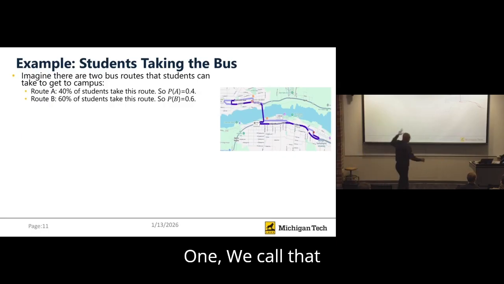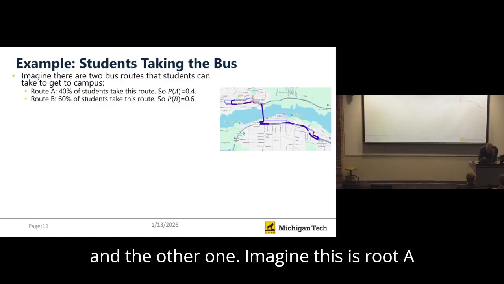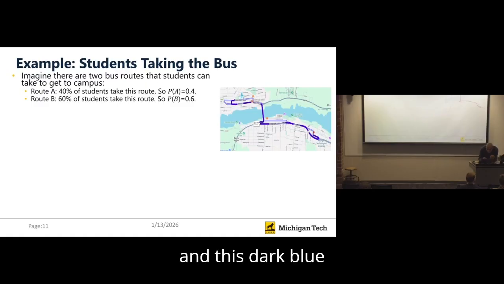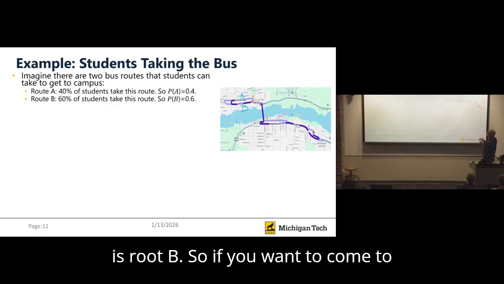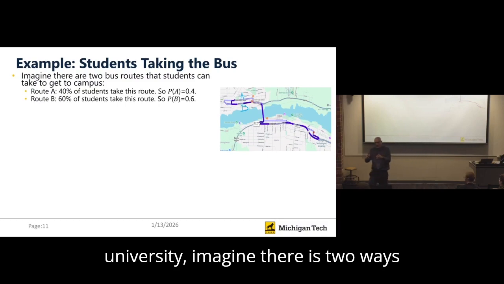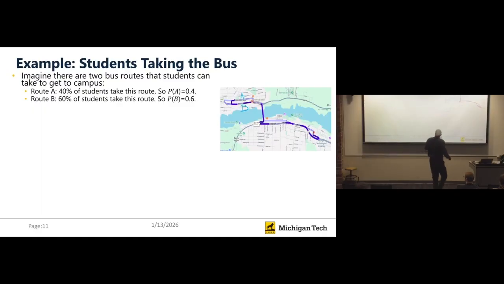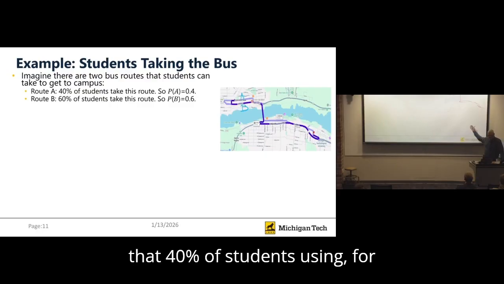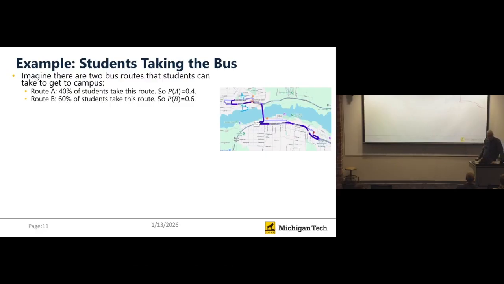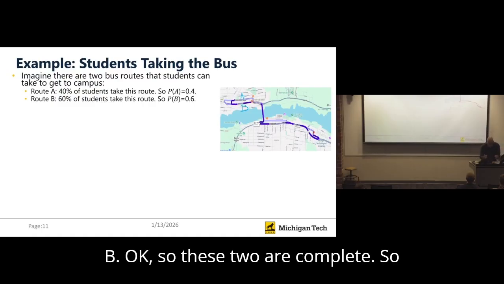Imagine this is route A, and this dark blue is route B. And you know that 40% of the students use route A, and 60% use route B. So these two are complete.